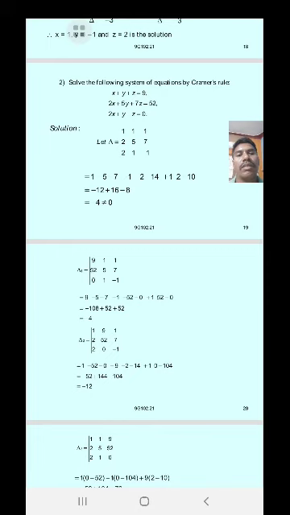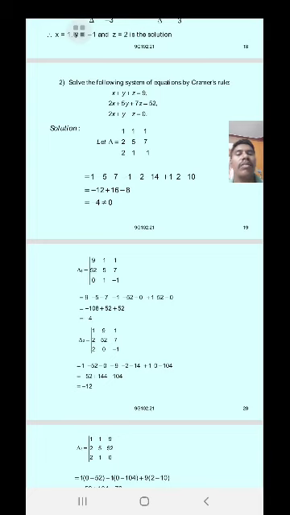First equation's coefficients as the first row, the second equation's coefficients we write in the second row, and third equation's coefficients we write as the third row. And the elements are kept in a determinant that is called delta.